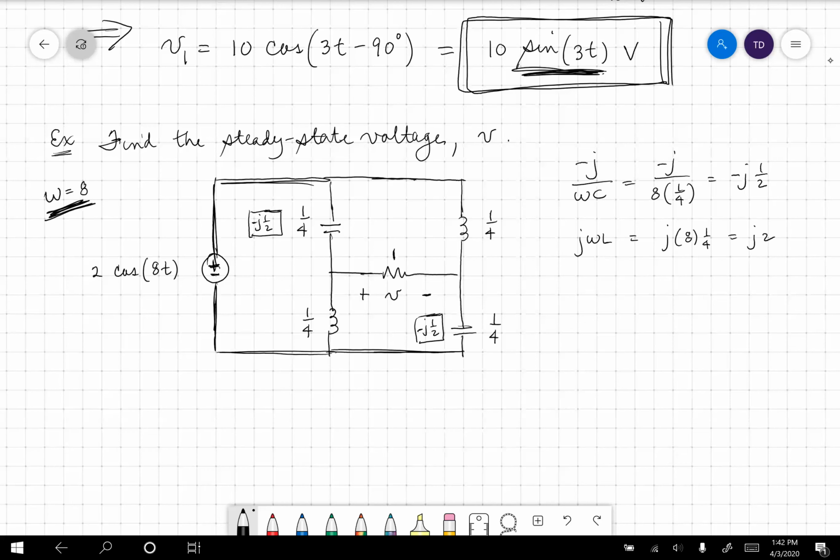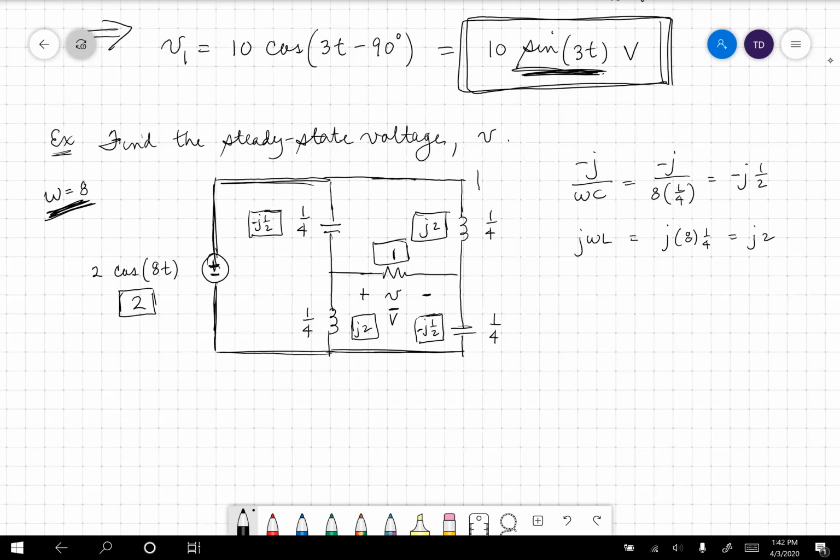So this over here is a J2, and this one over here is a J2. The only thing left in the circuit elements is the source. This source is 2 at an angle of 0, which is 2. The voltage V here is V, and this 1 ohm resistor is the same in the frequency domain, no change.